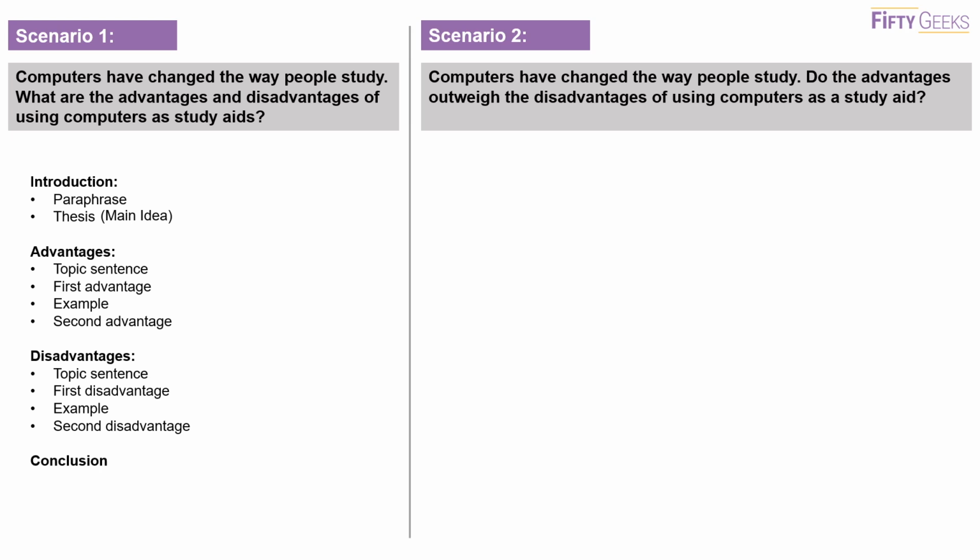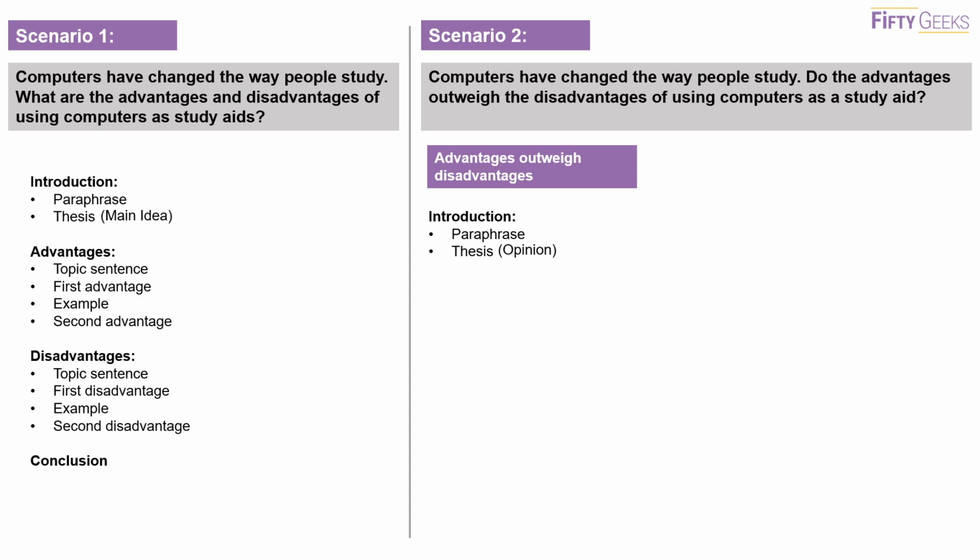The first option is when you want to prove that advantages outweigh disadvantages. Then according to the format, we have to write an introduction in which we paraphrase the question and write the thesis statement. Here in the thesis statement, we will give our opinion about why the advantages are stronger than the disadvantages.